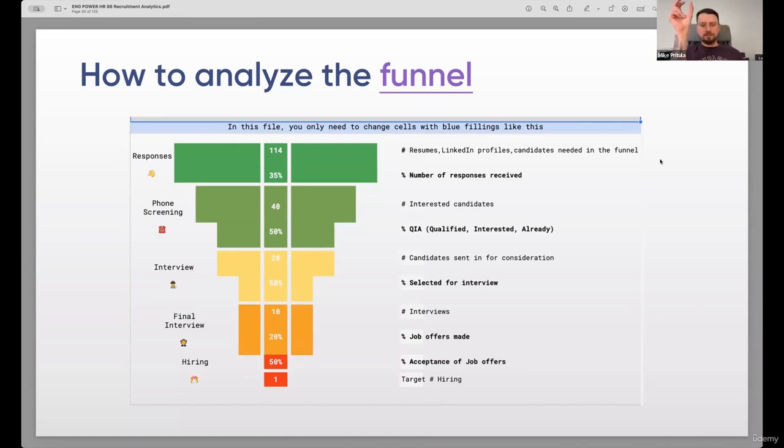Again, this is a file, this is a template for you to use for your purposes. And this funnel and this file helps you to do both things. First, analyze your real vacancy. So you just put your figures here, you see the conversion rate, and you analyze and make some conclusions.